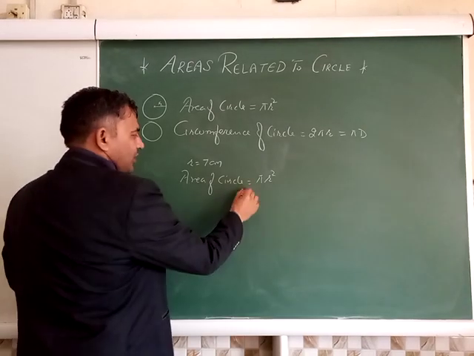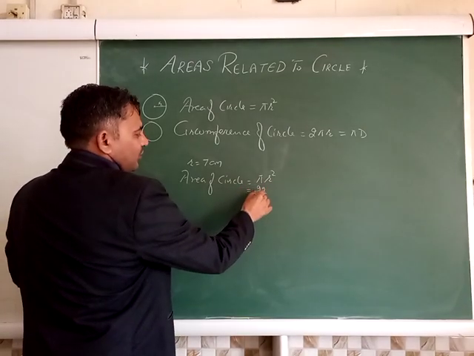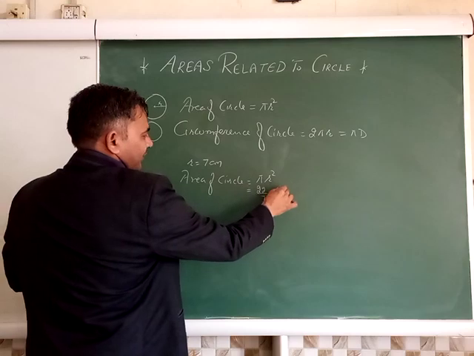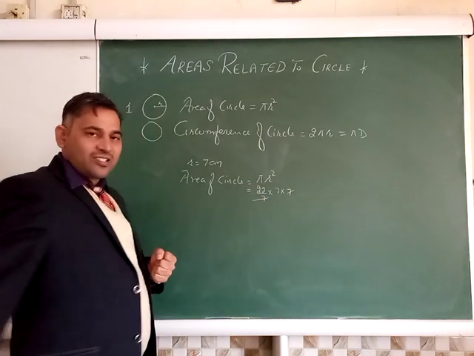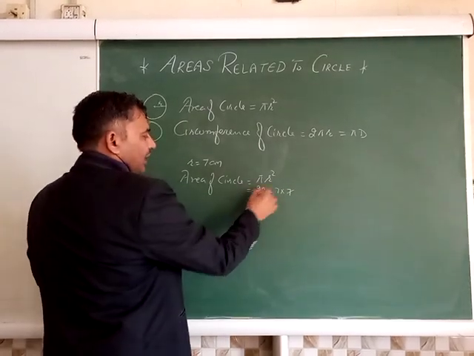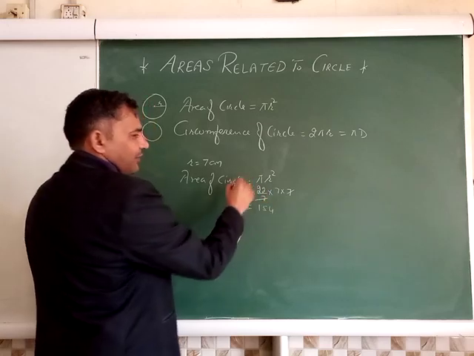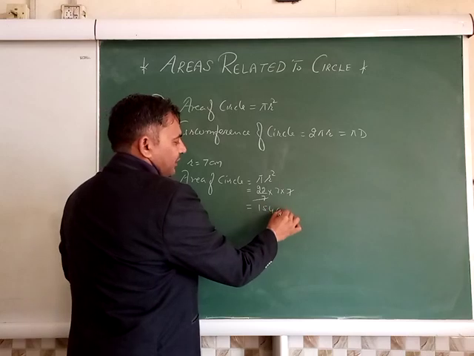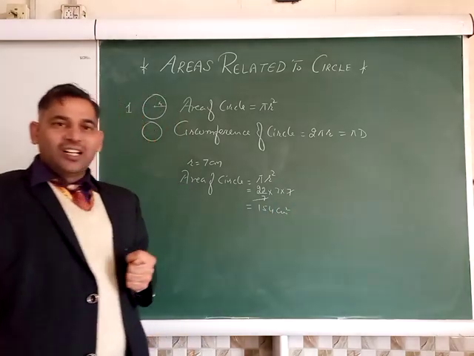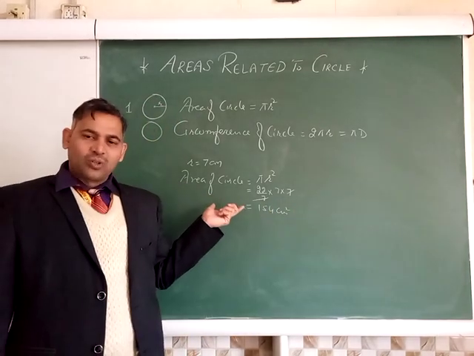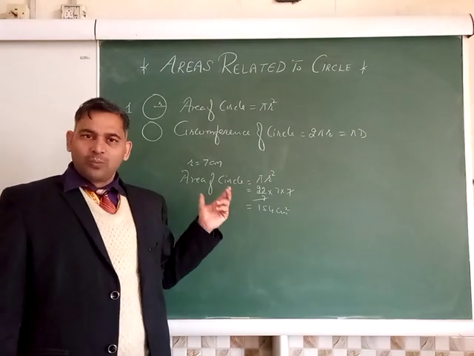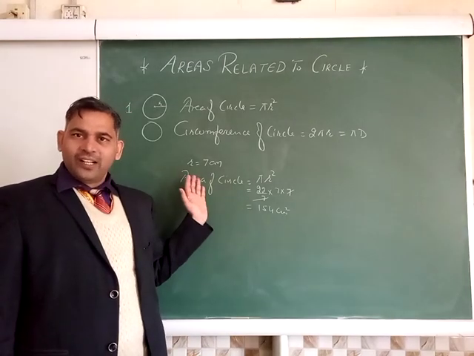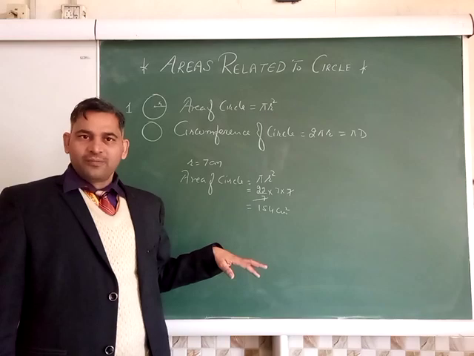This is the formula. Now put here 22 by 7 into 7 into 7, 7 cancels 7. So calculate: 22 times 7 is 154 centimeter square. This is the area of the circle. So I hope children, the first formula is clear to everyone, how to find the area of a circle.